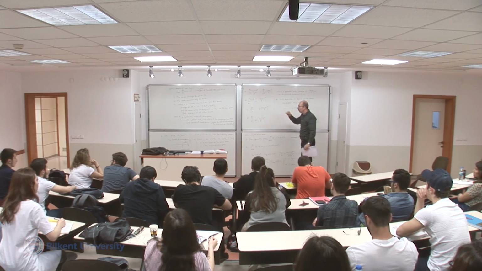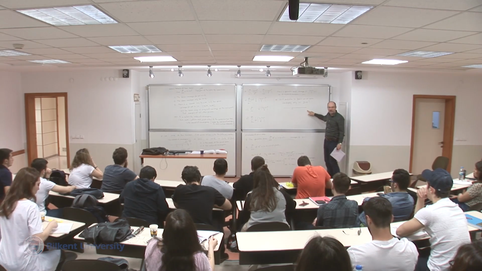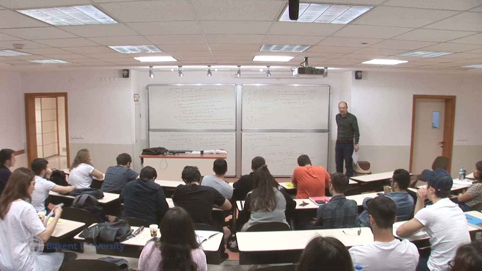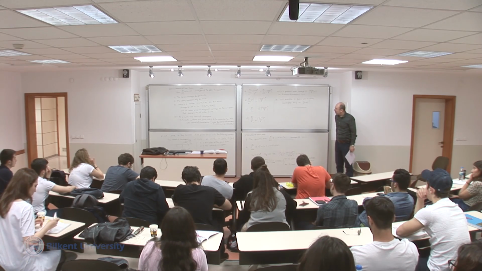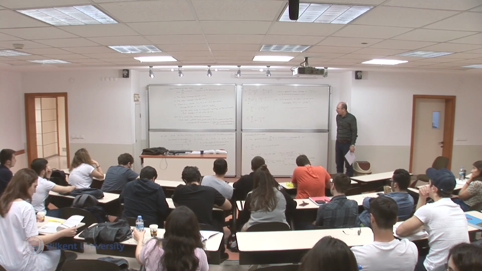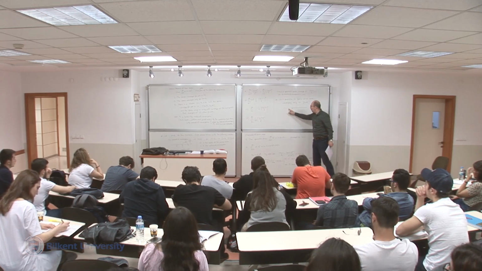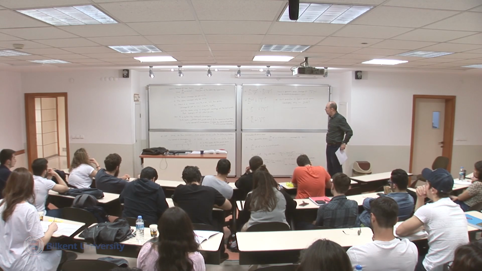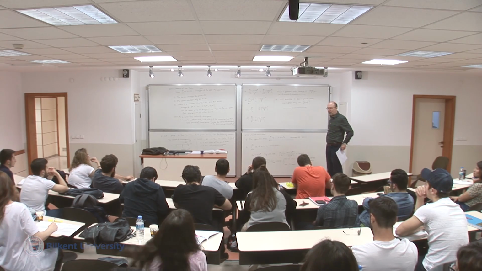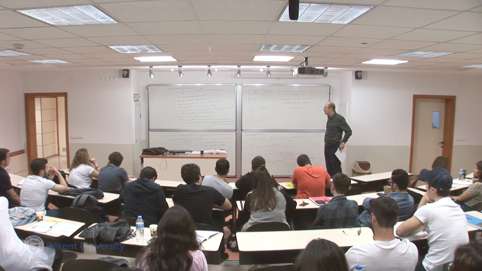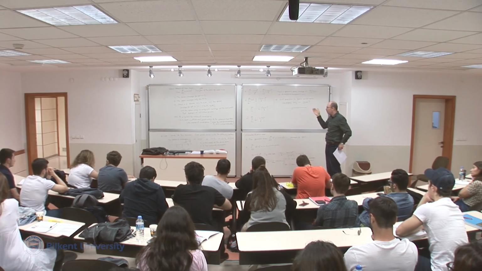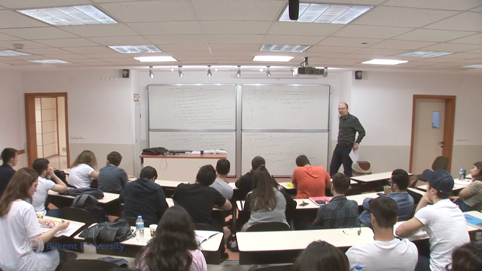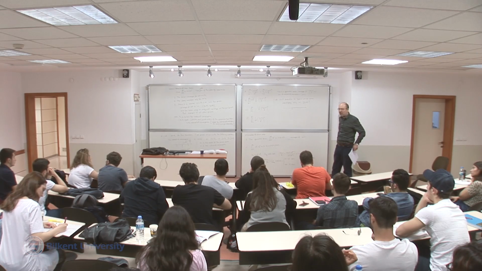So 1, 2, 3, in which category is this? It's not the first category because it says it converges for all x, but there are key points where it doesn't converge. The second category says it converges only at one point, but it converges at many points. So it must be the third category. Then, where is the center of this?